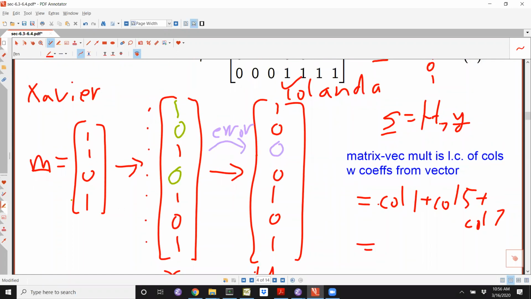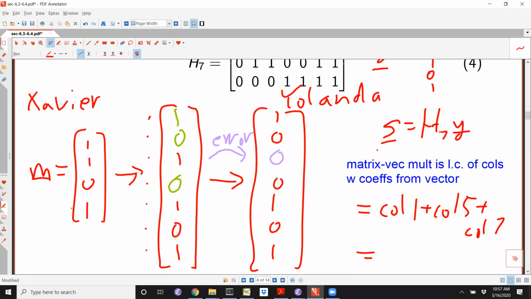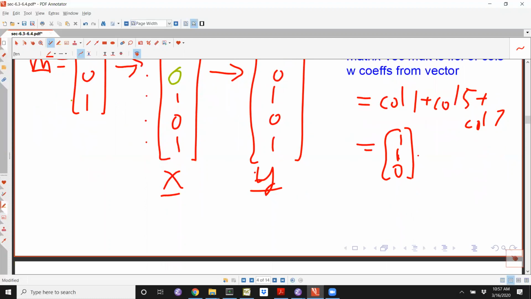If I add columns 1, 5, and 7, here's column 1, here's column 5, and here's column 7, what you'll see is that you get 1, 1, 0, which magically is column 3.